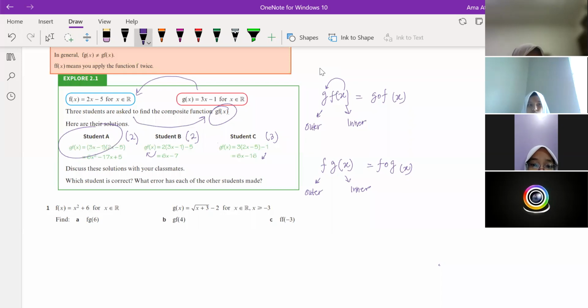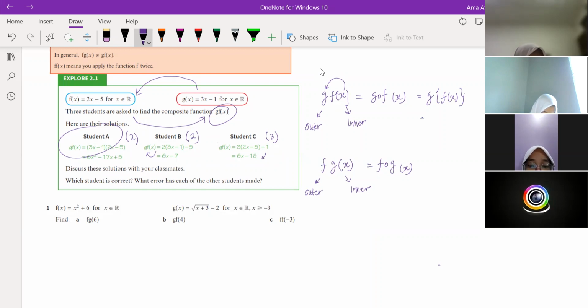So how to do this? First we are going to substitute f into g. So g of f, our f is like this. This is how we do it. We are going to change x in g with f.